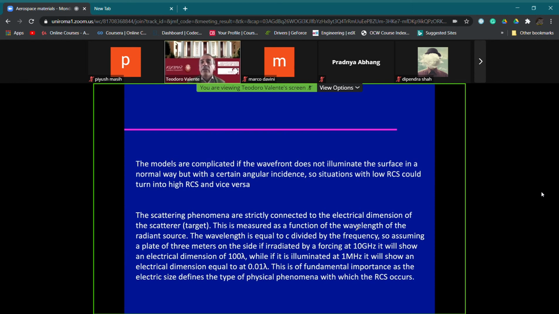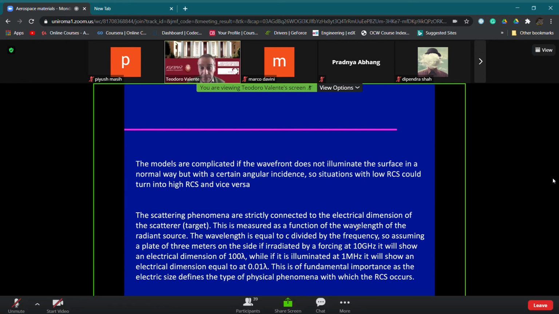So if, for example, we assume a plate having 3 meters on a side, irradiated by a wave of 10 gigahertz, it will show an electrical dimension of 100 lambda, where lambda is the wavelength of the beam.